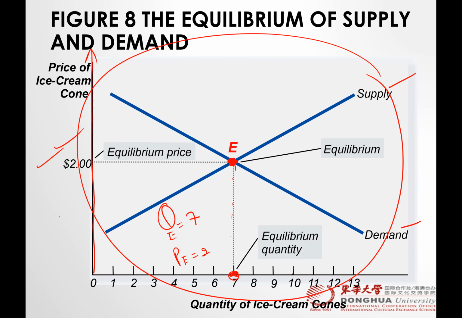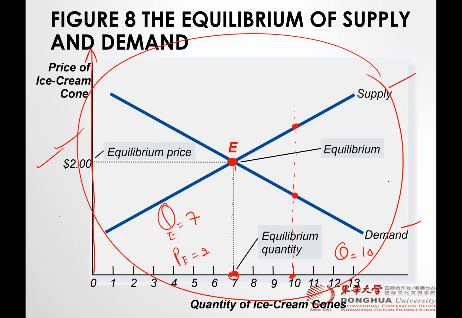If they increase the price, what will happen? There are going to be different prices and different quantities, right? And there's going to be a mismatch. So there is no equilibrium. So you see, at quantity 10, what happened?